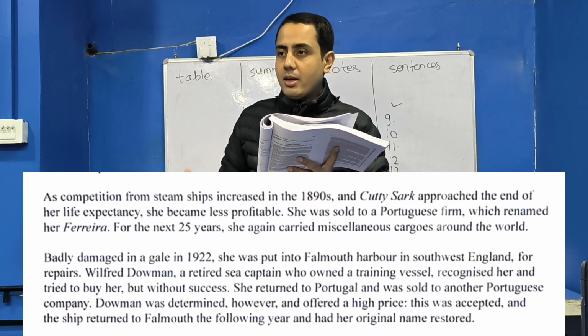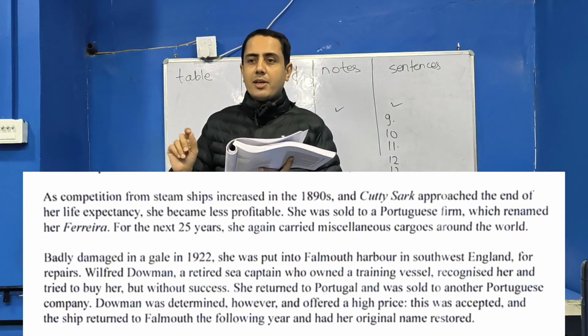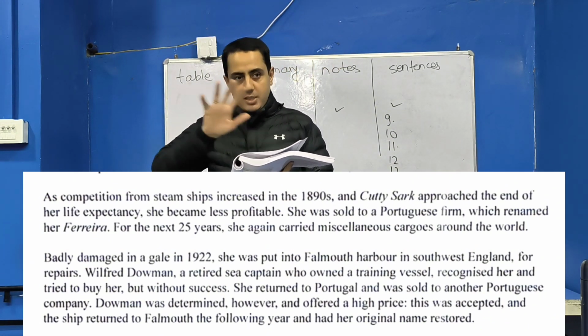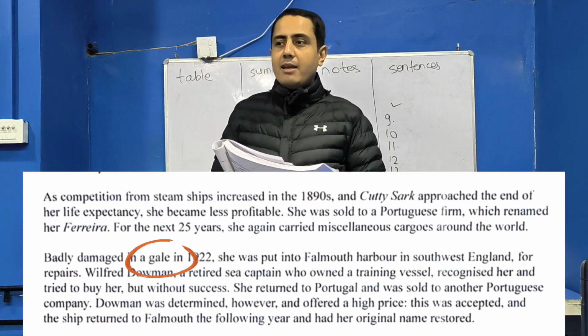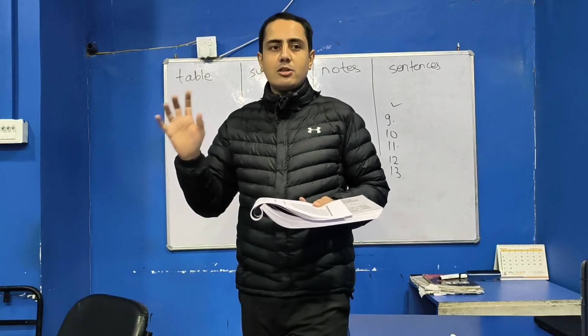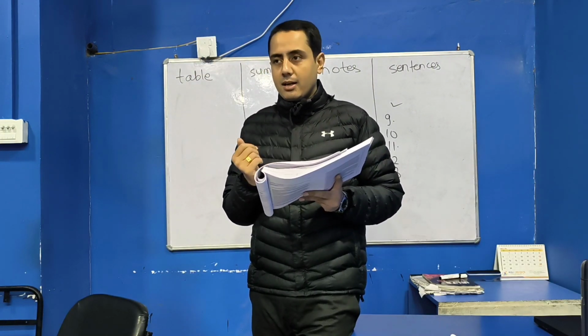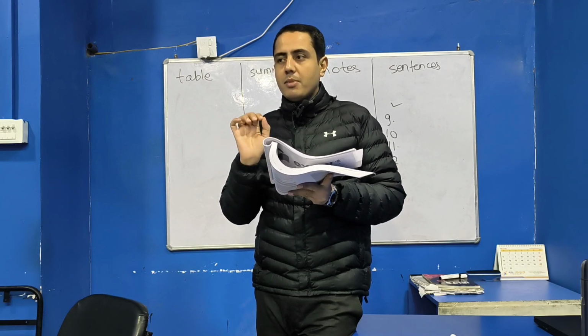So for repair, she means the ship. In English, ships are given a female pronoun. So she means the ship went to Falmouth, badly damaged in a gale. A gale means a storm that came in the sea, a marine storm. So gale. Now we found number 11.